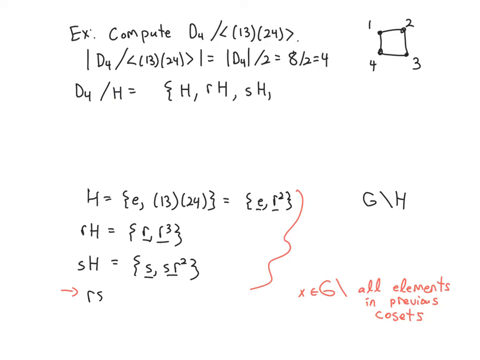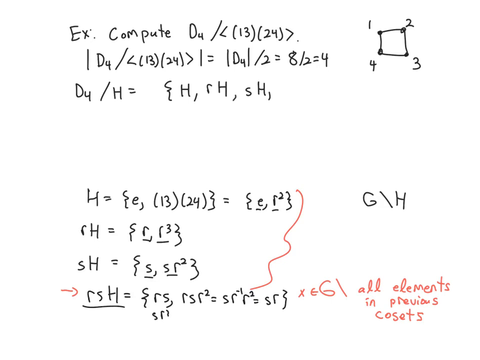I guess RS. Or would that have been a good choice? SR to the negative 1 times R squared, that's just SR. That ends up being SR cubed.